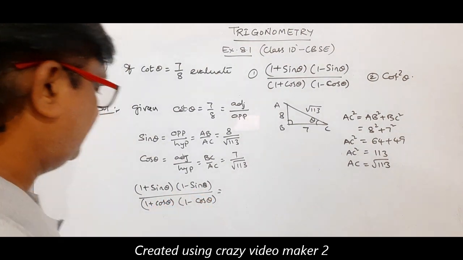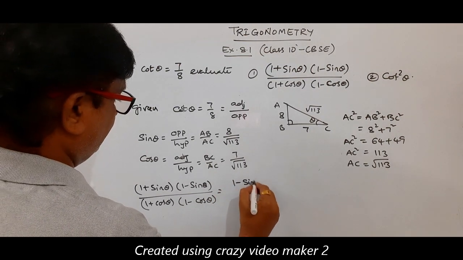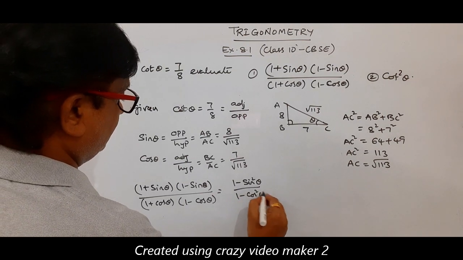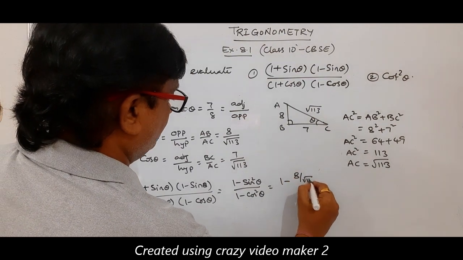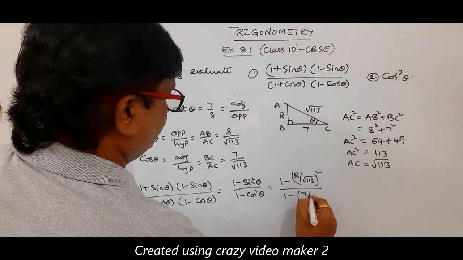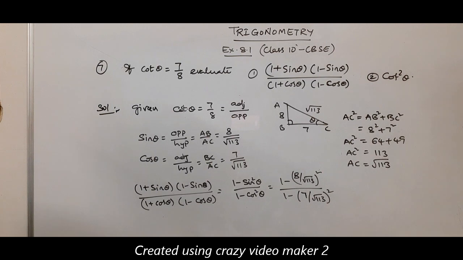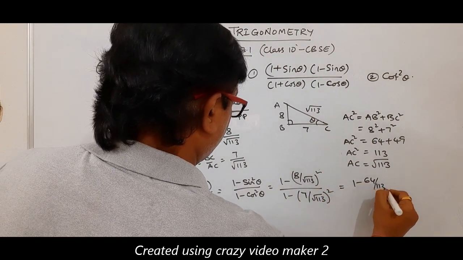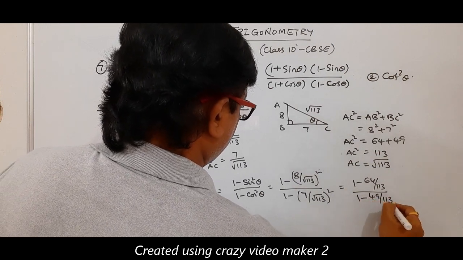You can utilize here 1 minus sin square theta by 1 minus cos square theta. So sin theta is 8 by root 113, whole square, by 1 minus 7 by root 113 whole square. Like this we are getting 1 minus 64 by 113 by 1 minus 49 by 113.